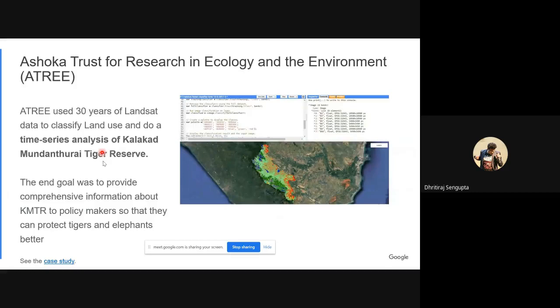Another example is done by H3, and I'm a big fan of H3 in Bangalore. They use a lot of machine learning, a lot of Google Earth Engine to map forests, to see biodiversity change, to see how lockdown had affected, to see if tourism affects forests, to see how climate change is affecting, and to create a publicly available user interface to see what's the impact.